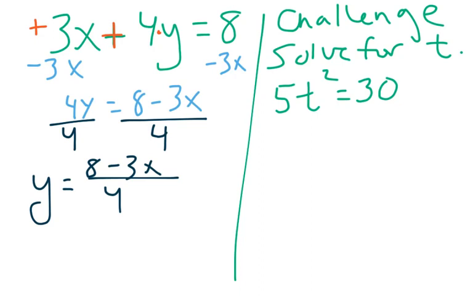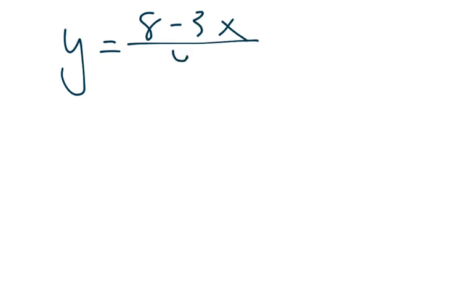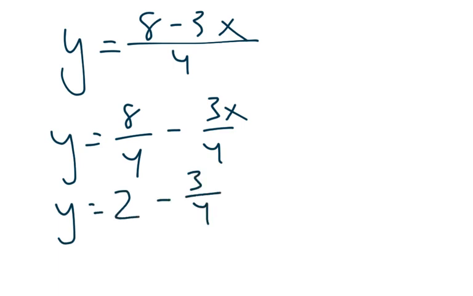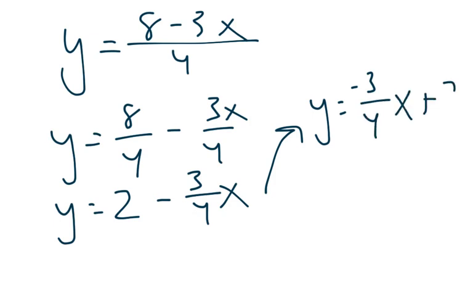If the directions asked me to graph it, this is what I would do. I would take this and I would split it. And split it, I would say 8 divided by 4 is 2, and then 3x over 4, I can write as 3/4 x, and then I would switch the order so that I had it in my slope-intercept form.